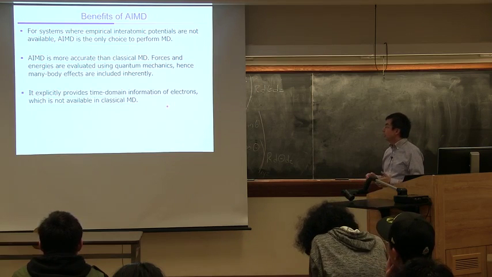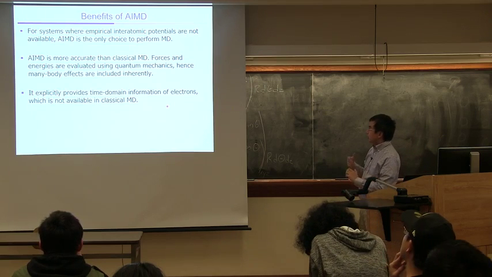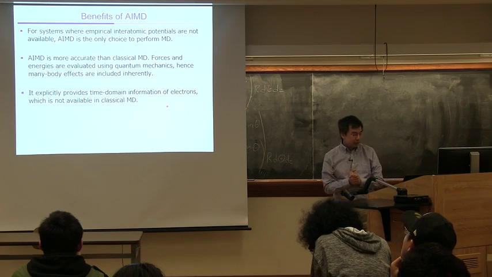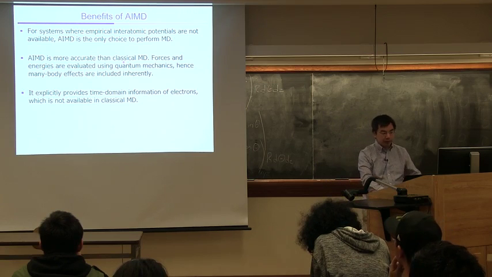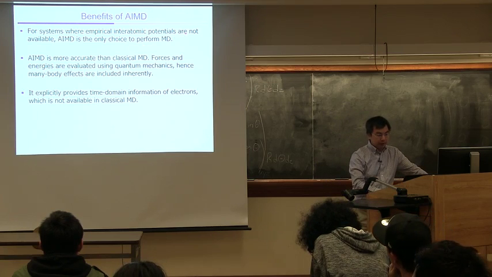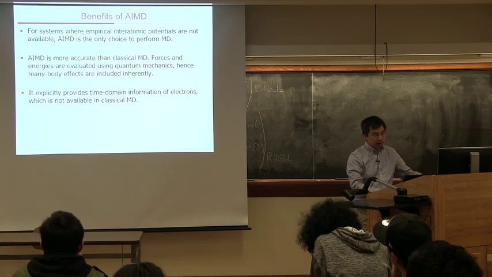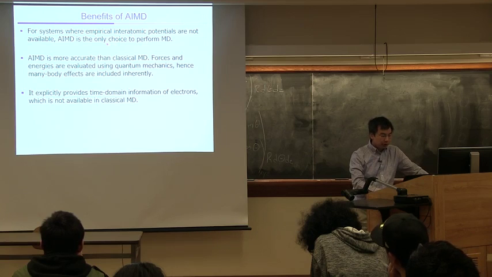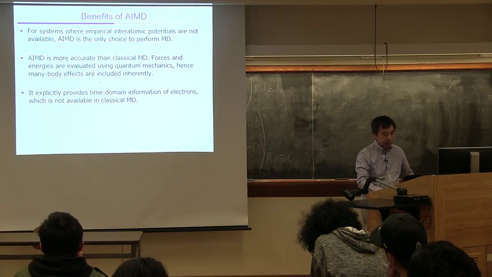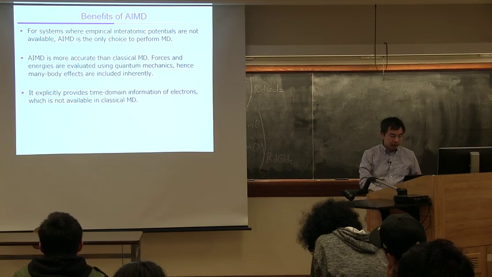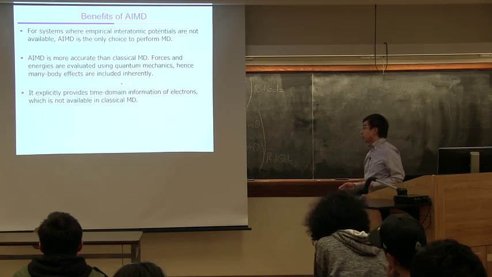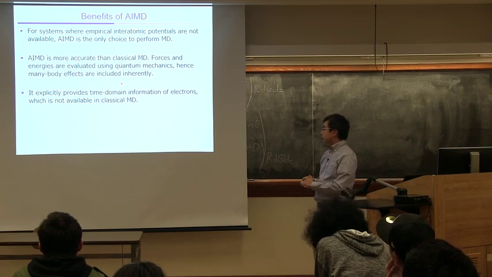The benefits of performing this ab initio MD simulation are really for systems where we do not have empirical interatomic potentials. Certainly AIMD is the only choice to perform MD simulation there. Also, ab initio MD simulation is more accurate than classical MD because the forces and energies are all evaluated using quantum mechanics, so the many-body effects are included inherently.